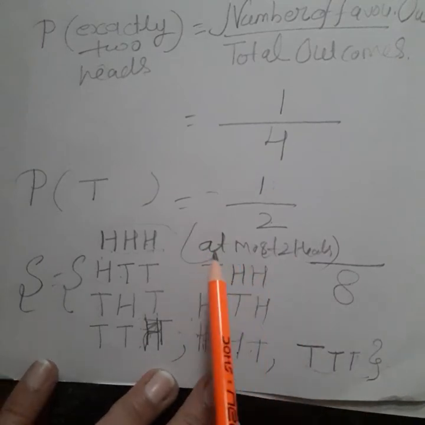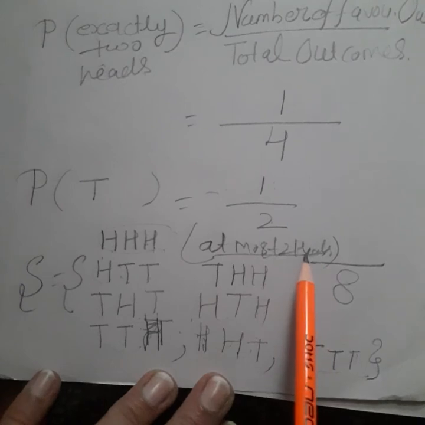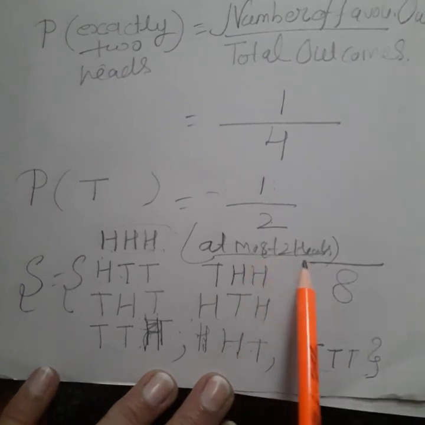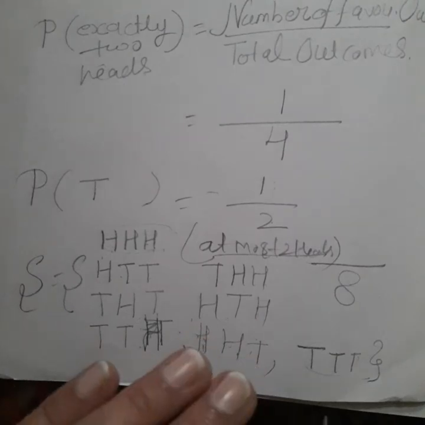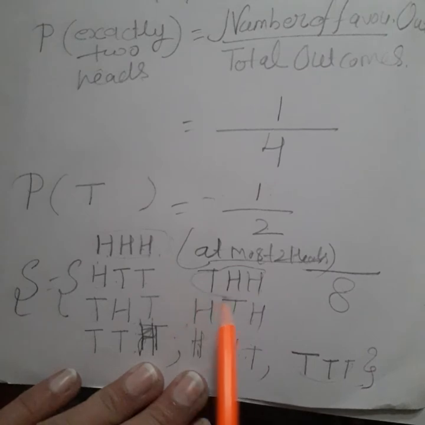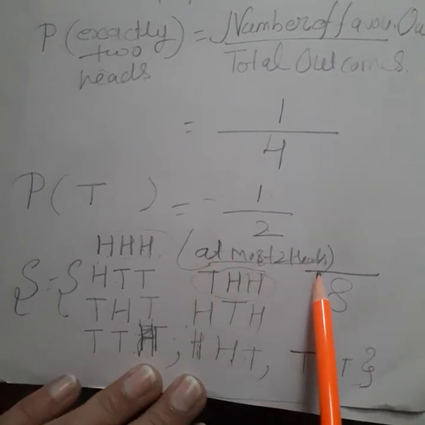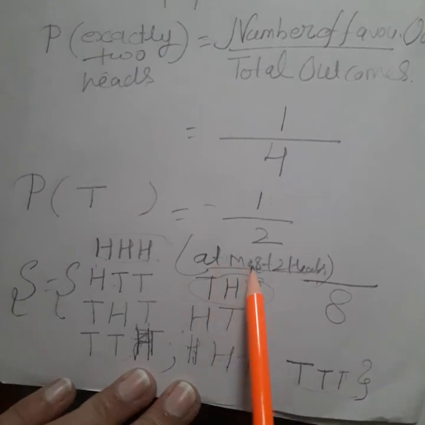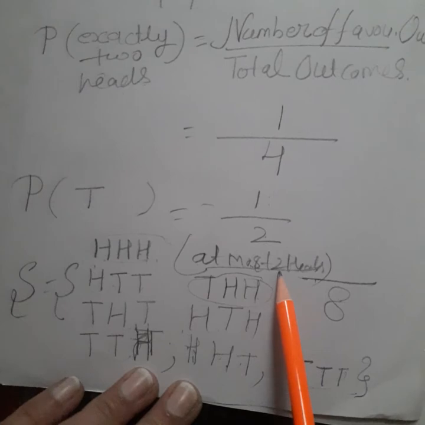So how can we find at most 2 heads? What is the meaning of at most? At most means maximally 2, not more than 2. So maximally 2 heads, and minimum we can take 1 head or 0 head also.